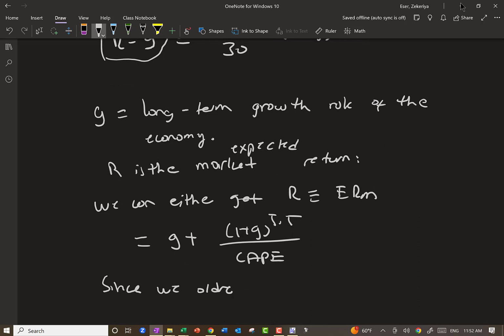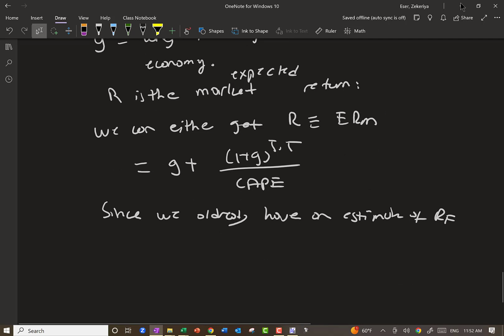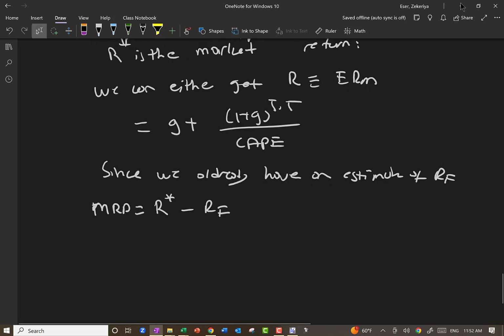Since we already have an estimate of RF, the market risk premium is basically R star minus RF.